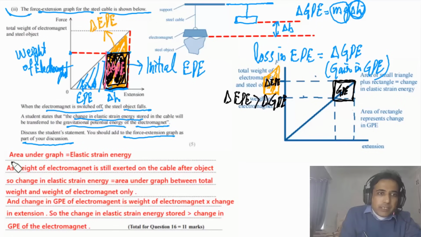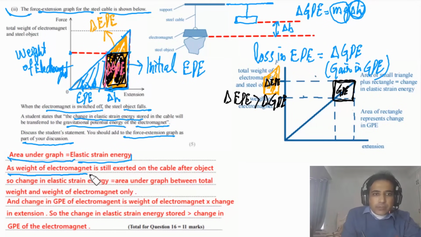You can say the area under the graph is elastic strain energy. As we discussed, this total area is the initial elastic potential energy. As the weight of the electromagnet is still exerted on the cable after the object falls, the change in elastic potential energy is equal to the area under the graph between the total weight and the weight of the electromagnet only.